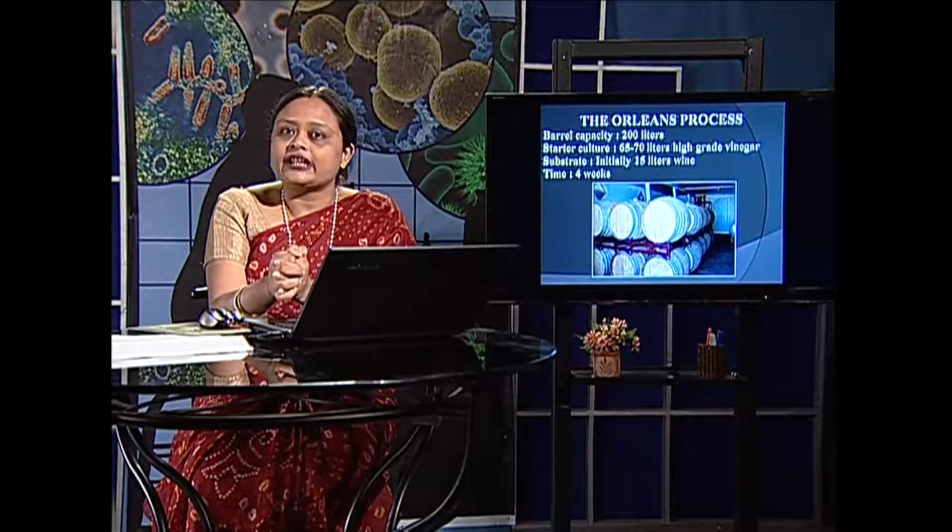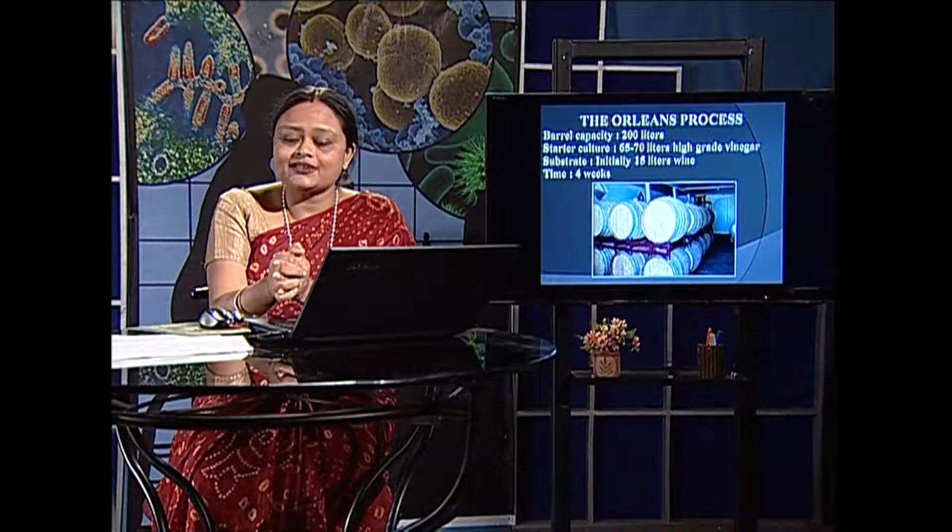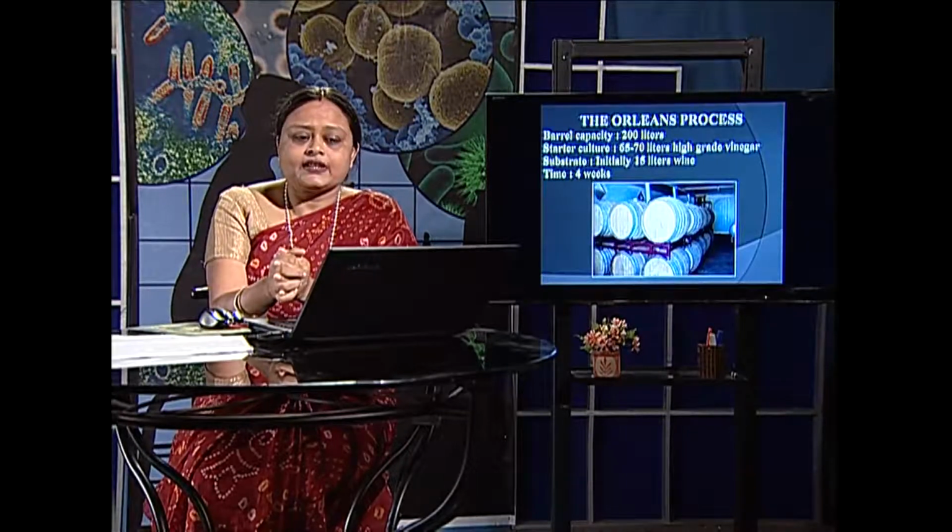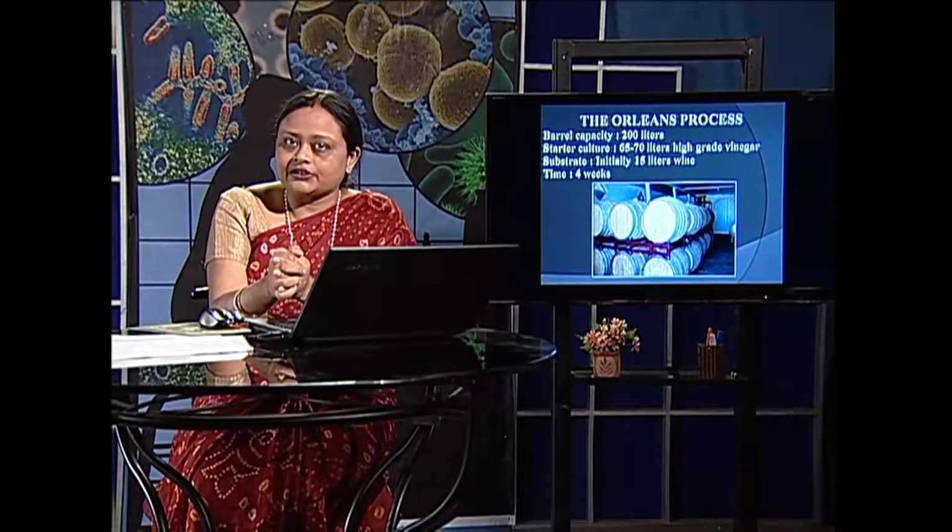Now, exactly what happens? Initially, the barrels are loaded with the starter culture and the substrate. The substrate is very little compared to the starter culture. So after a week, the starter culture converts the ethanol, which is approximately 15 liters of wine here, into acetic acid. We then incorporate fresh wine, that is, newer substrate is fed into the barrels.